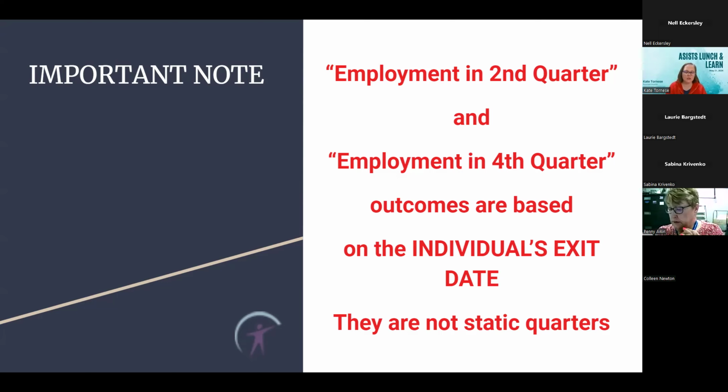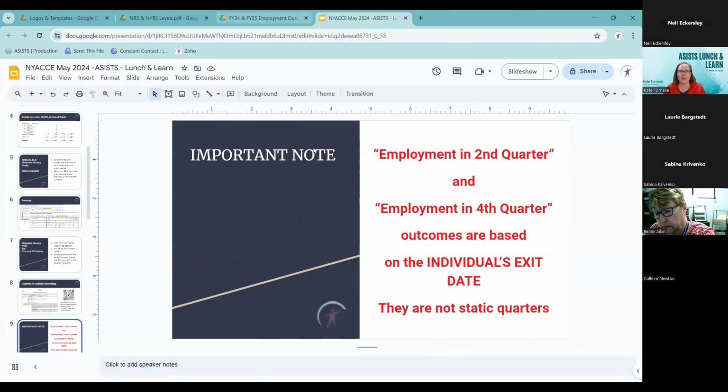So if you're asking the student about FY23 Q4, it goes in as an outcome of FY23 Q4. If you're asking them about FY24 Q1, you're entering that into ASISTS in that way as well.